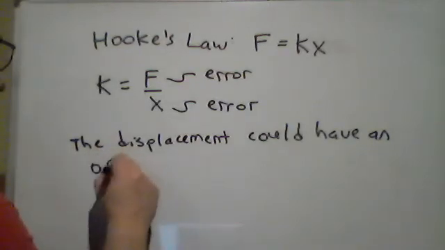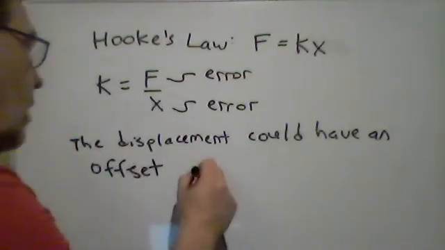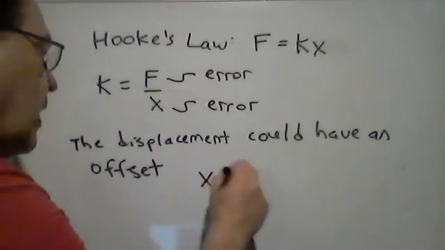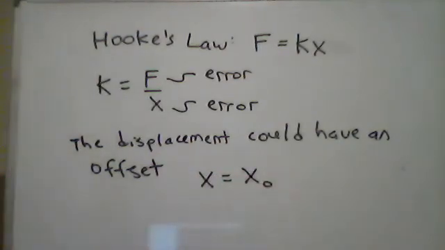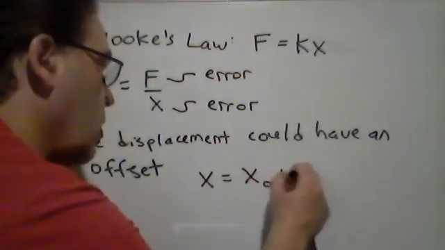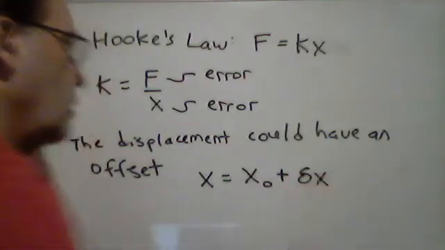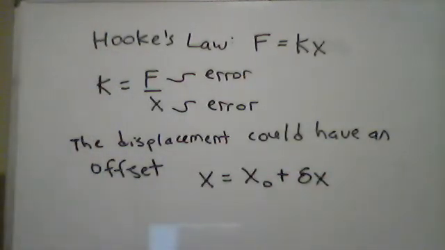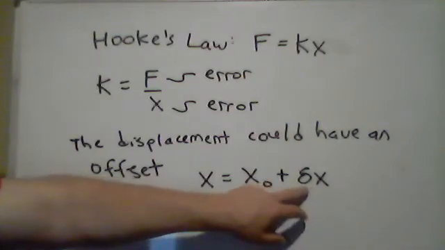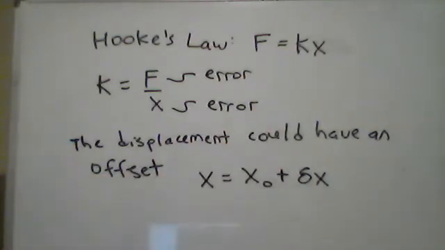You think that they're nominal, but in reality, what you're really measuring is possibly the equilibrium value plus some delta X that you don't know about. So this value is no good, because it's not the displacement that you think it is. There's some offset.